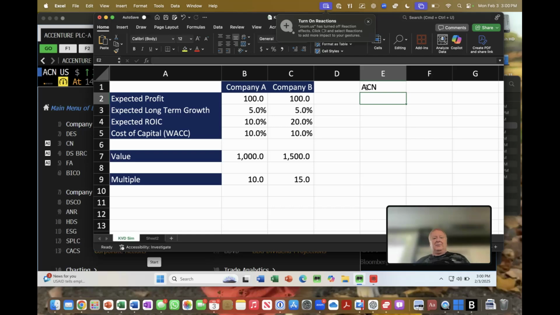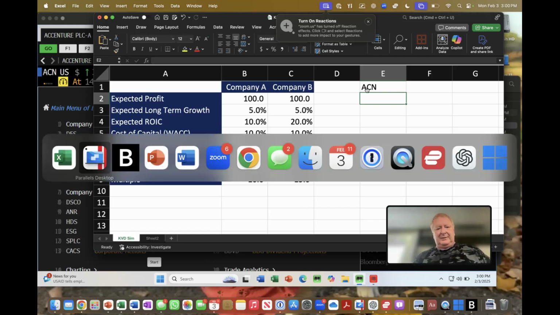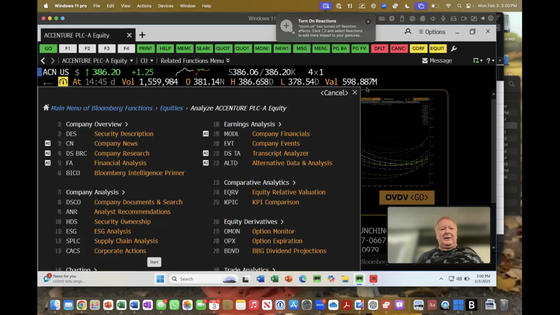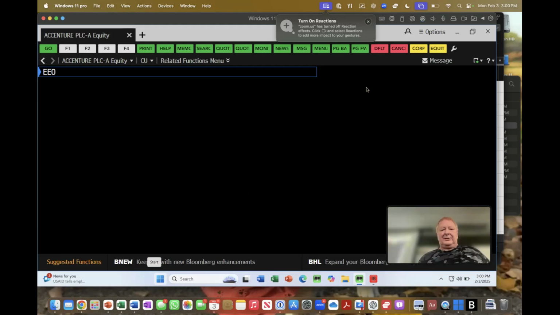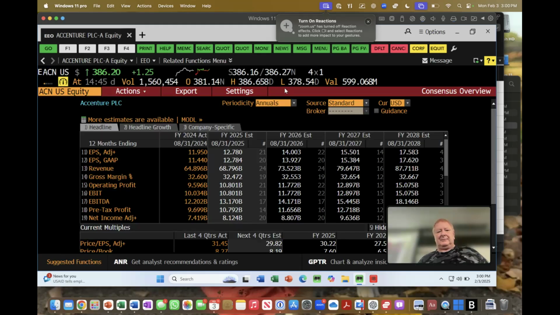All right. So for Accenture, right now, Accenture in 2025, actually, I'm going to do 2026. One of the things you're going to learn is we use forward multiples, not historical multiples, because historical multiples are based in the past and cash flow is based on the future. So forward multiples are more predictive of value.